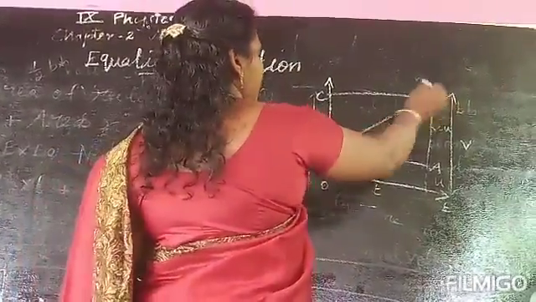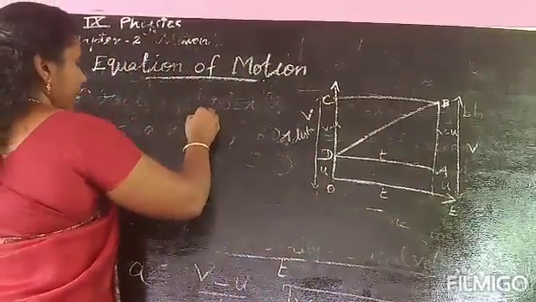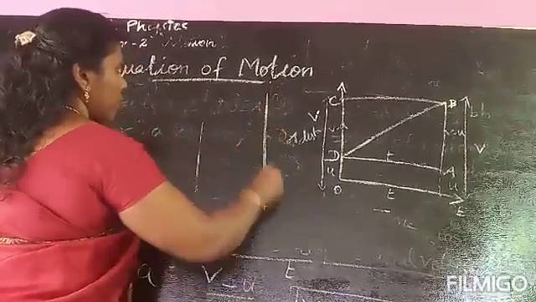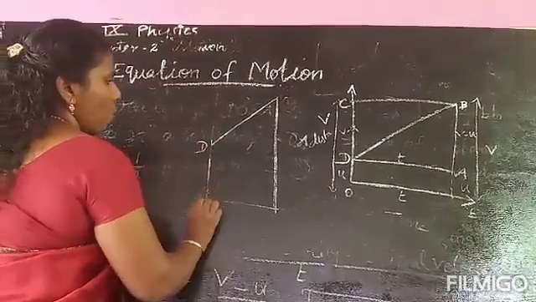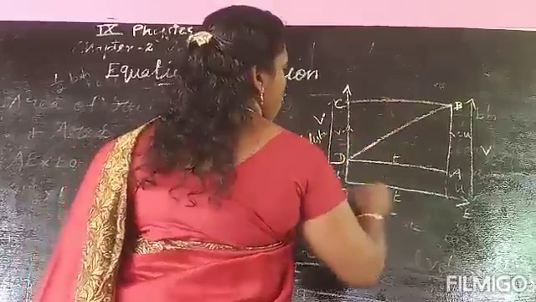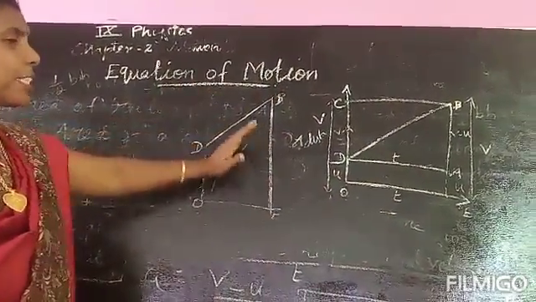So the area BDO. Now listen, I am drawing the diagram here. Now which shape did you get? DOE, this much is BDO. So here the geometrical shape is a trapezium.